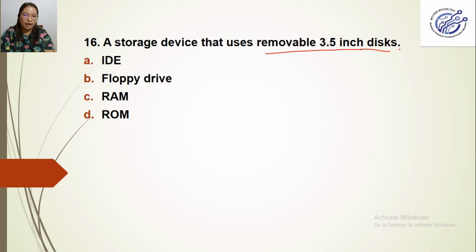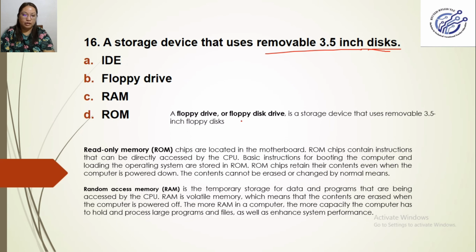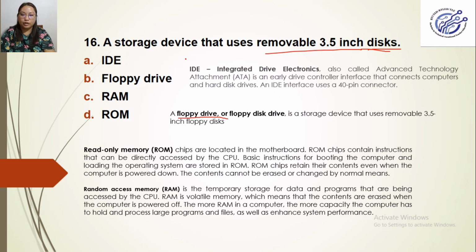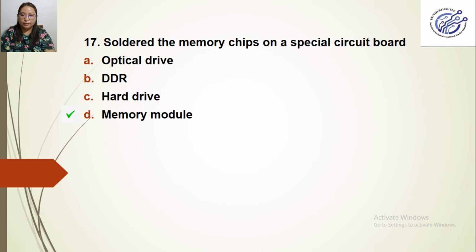So ito, sinabi ko na rin to kanina na dapat tandaan po natin yung 3.5-inch disk sa ating floppy drive. So verbatim po yan sa ating question. So yung number 16, ang sagot po natin is letter B, floppy drive. 17.